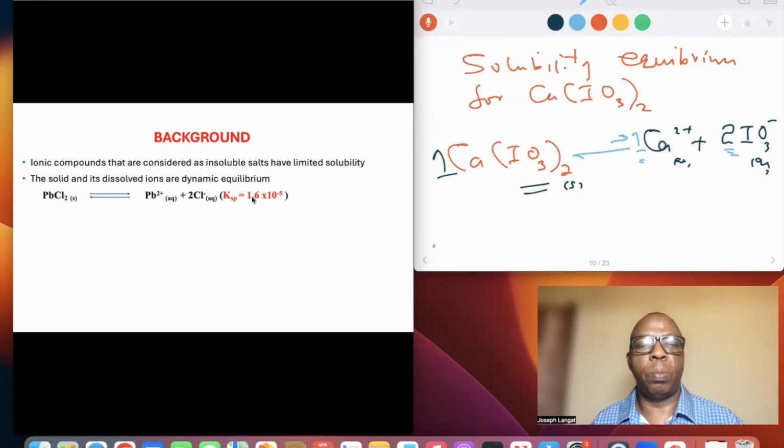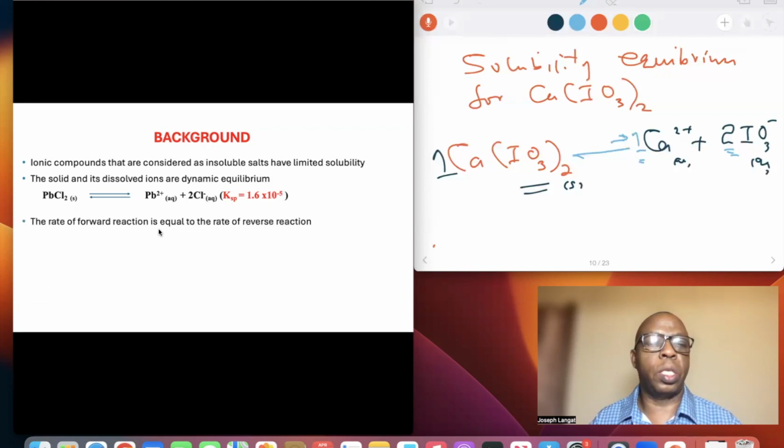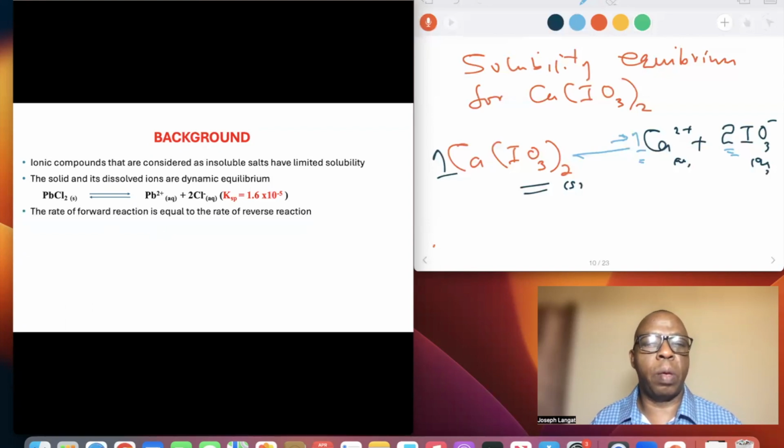If you look at the ion product constant, it is way too small because of the small concentration of ions in the solution, which exist in a dynamic equilibrium. This expression has 2 arrows pointing on either side because the dynamic equilibrium is going back and forth.